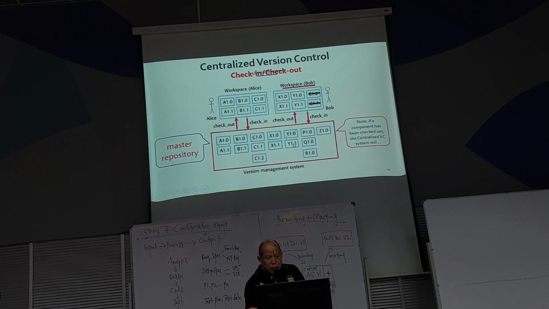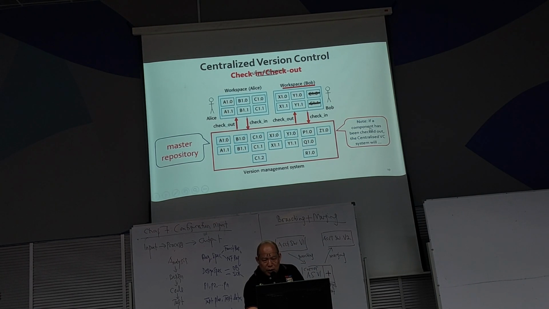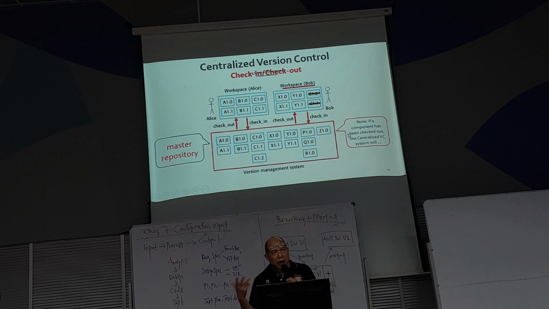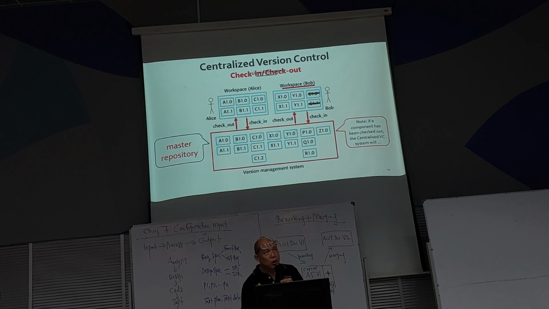For a centralized version control system, if an item has been checked out and someone else wants to check out the same item, the system will block it. This is what a modern version control system can do, normally controlled by a computerized version control system.